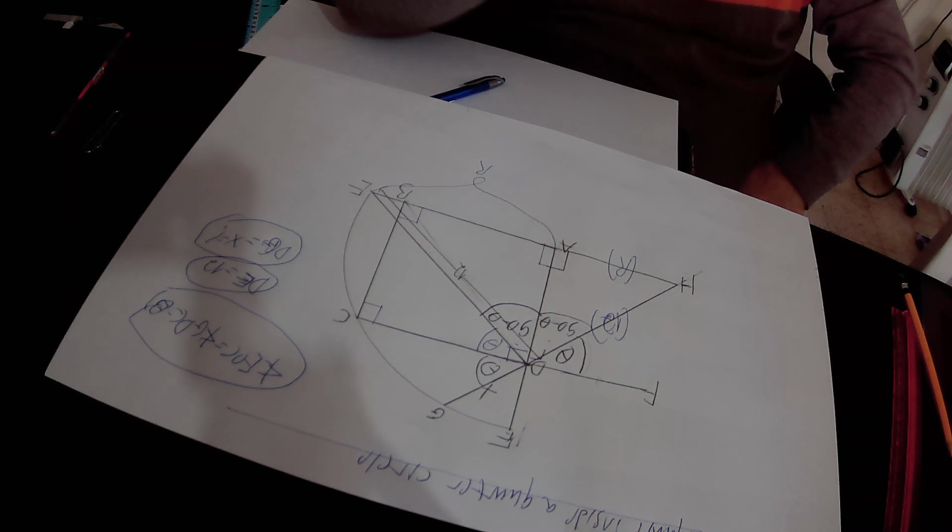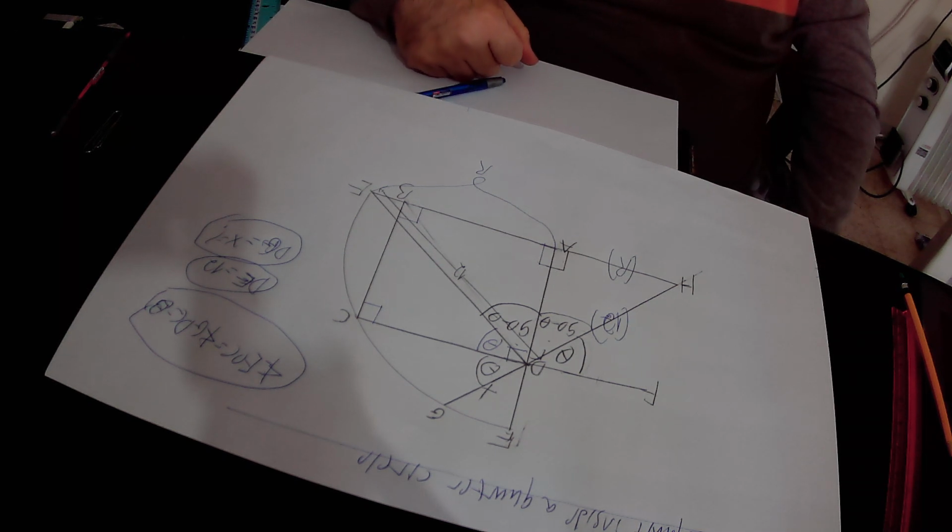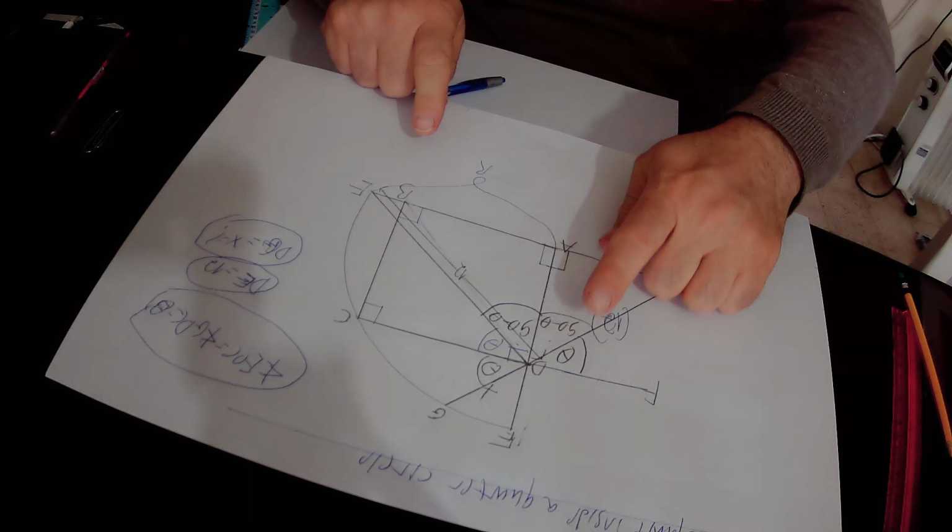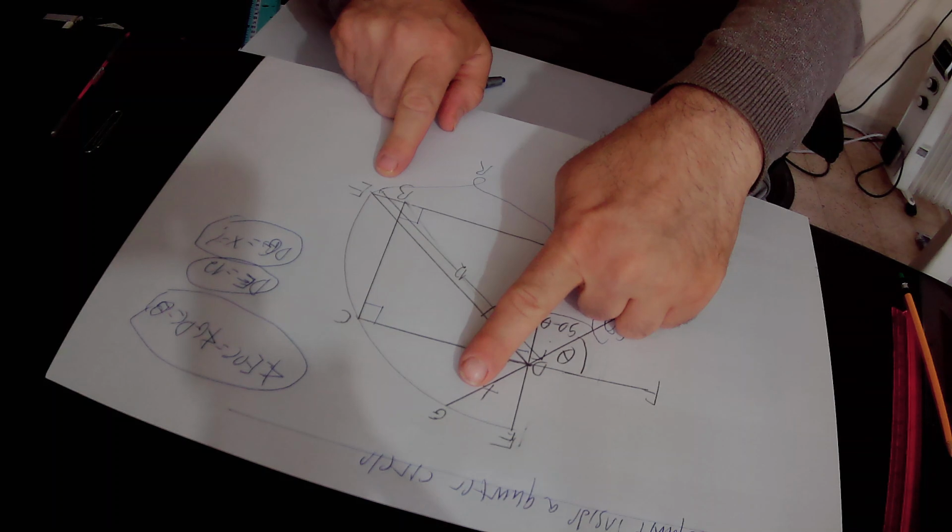In the next step, we will join points G and E together by a straight line.